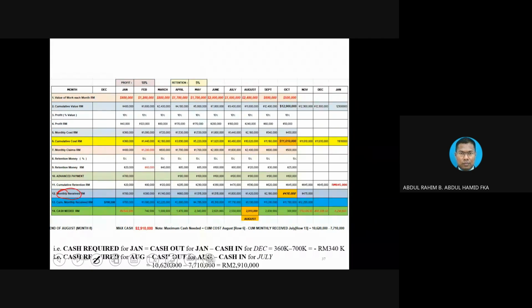And since we are looking at the payment for the work done on September, and since it is on September, it is going to be paid on October. So look at the October column and look at this row number 12, and the October one is here.